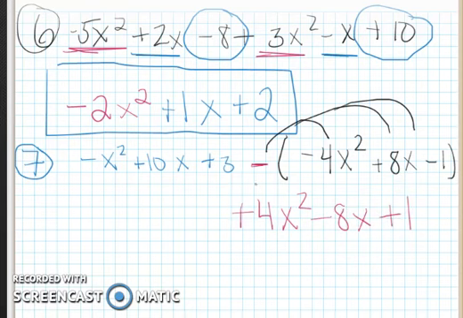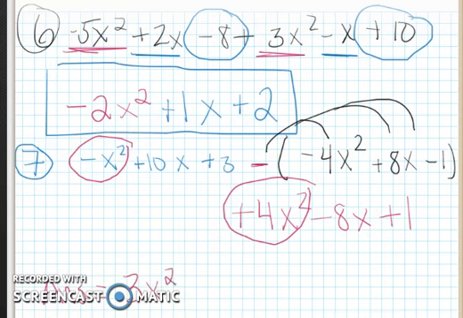Now we can go ahead and combine like terms. We get negative x squared and a positive 4x squared, which is going to leave me with my answer. Negative 1 plus 4 is 3x squared. Next, we're dealing with 10x and negative 8x.